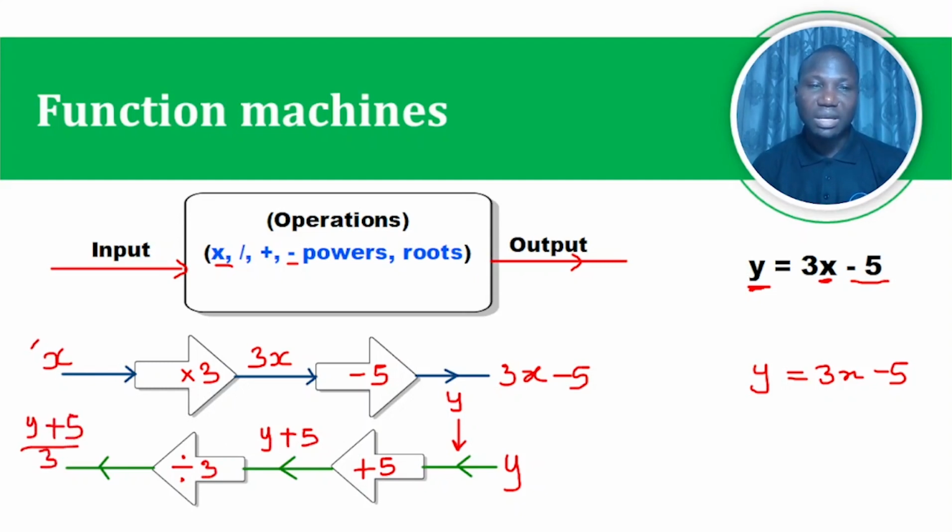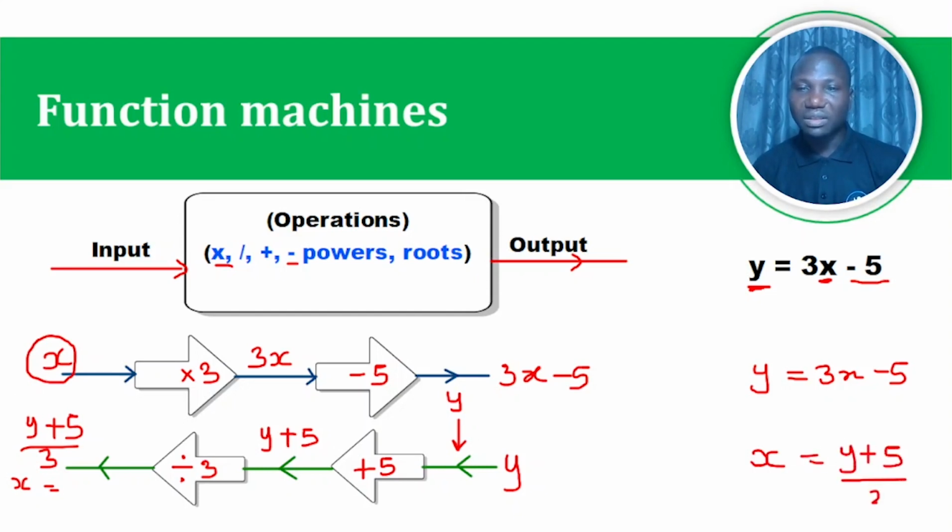And that is our x, which is the output. So x is equal to y plus 5 all over 3. So you can see we have changed the subject of the formula from y. Now the subject is x. This is how you apply function machine in changing the subject of a formula from one variable to another variable.